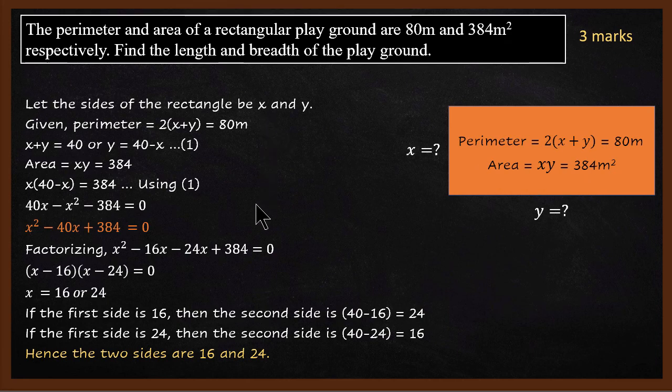Now, after you follow these steps, which are there in another video, you can watch it, you end up getting a quadratic equation like this. And then you solve via factorization and you can show that the sides are 16 and 24. Okay. So these are quite detailed and involved steps. There is a video covering all of this end to end. Do have a look.